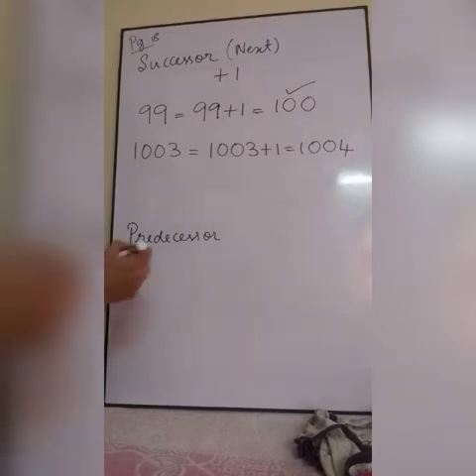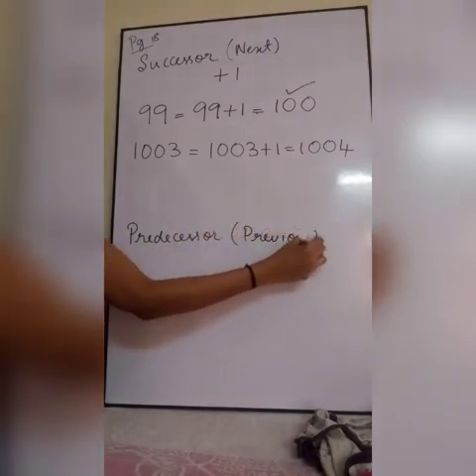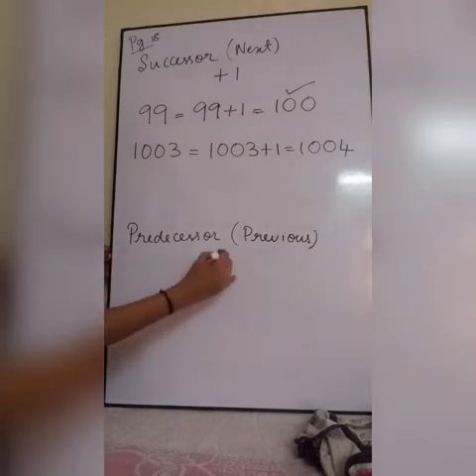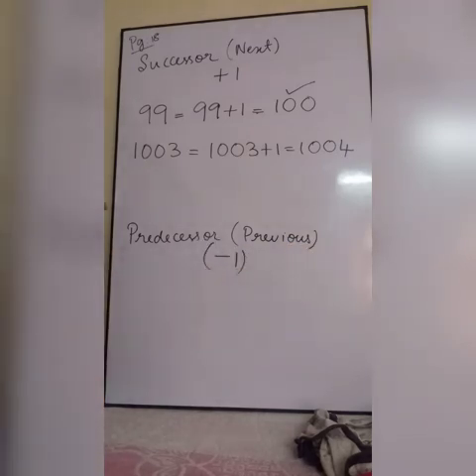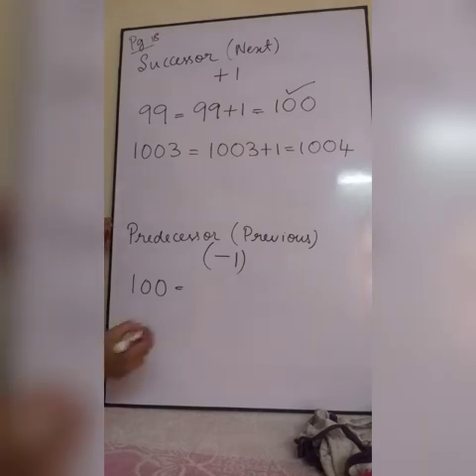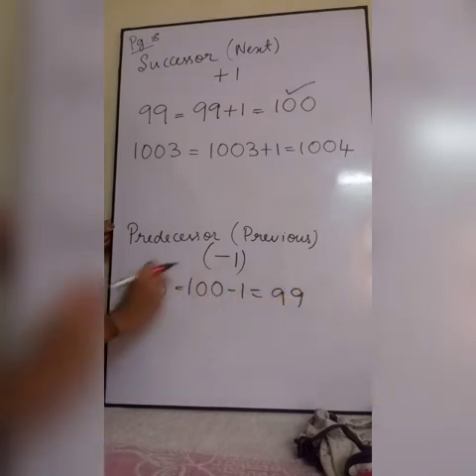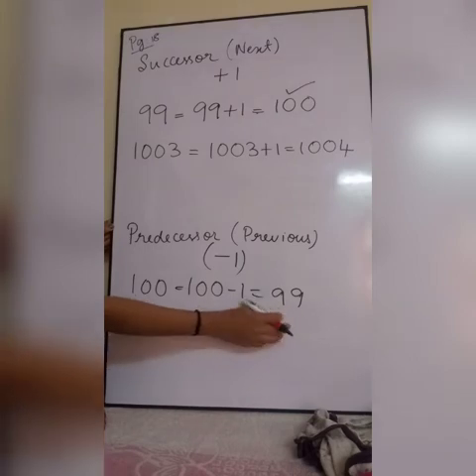Next, predecessor. You are going to find the previous number, so you subtract 1 from that number. For example, 100 is the number. 100 minus 1 is 99, so 99 is the previous number for 100, and 99 is the predecessor for 100.